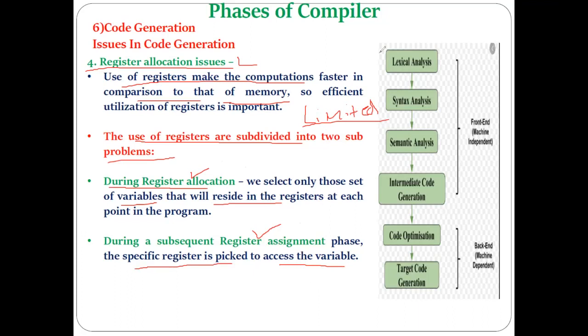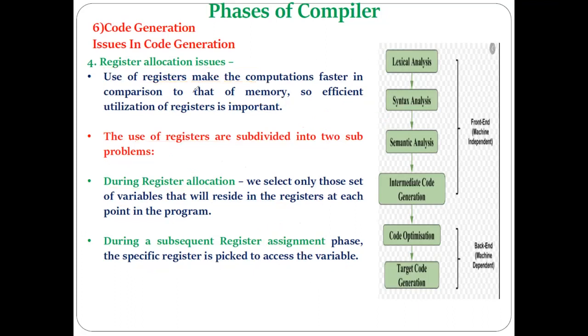In this way the register allocation needs to be done, and proper utilization of registers needs to be done related to the particular machine. If registers are properly utilized and the maximum number of registers is used, then definitely the execution speed or computation speed of our program can be improved.